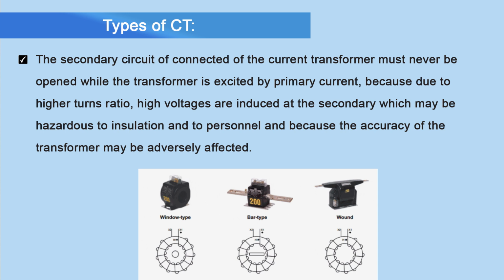Because due to the higher turn ratio, high voltages are induced at the secondary, which may be hazardous to insulation and to personnel, and because the accuracy of the transformer may be adversely affected. For this reason, the current transformer is never operated with the secondary open circuited. So, this is all about the current transformer, CT.